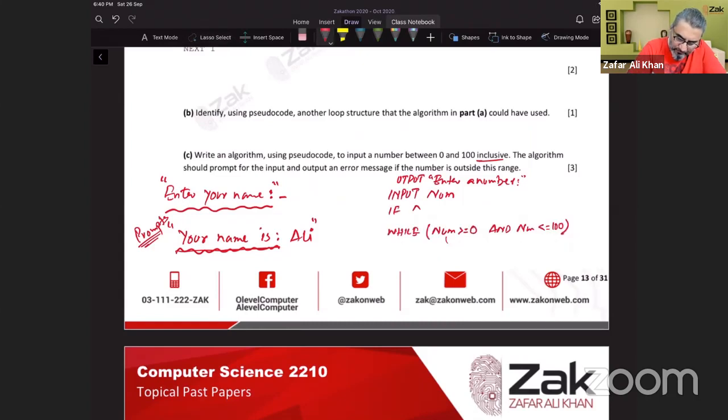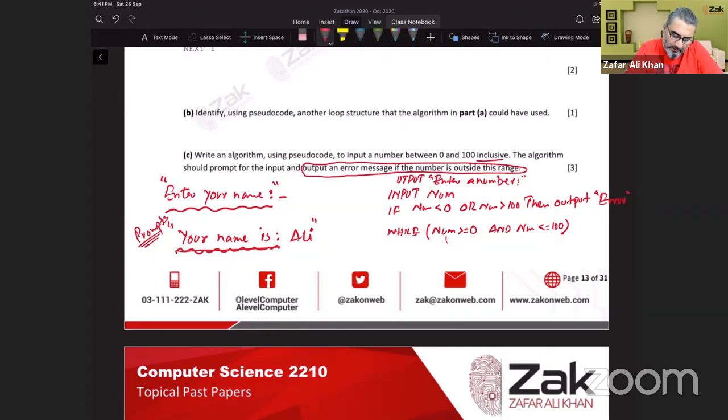If number is less than 0 or number is greater than 100, then output error. So this is basically output an error message if the number is outside the range.